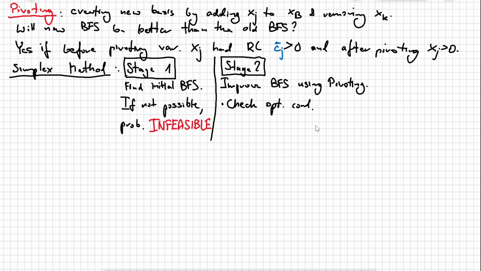The optimality condition is that all reduced costs, c-bar transpose, are less than or equal to 0. If all of them are less than or equal to 0, that means improvement is not possible.